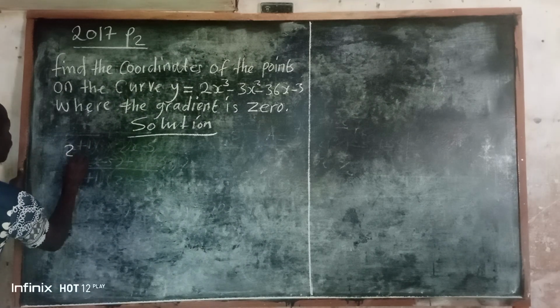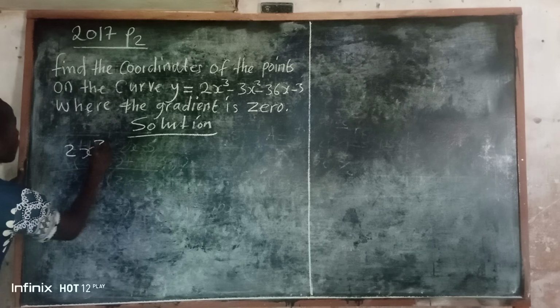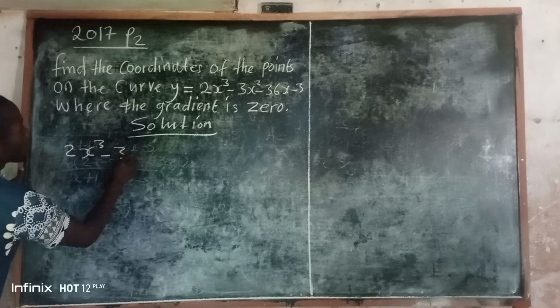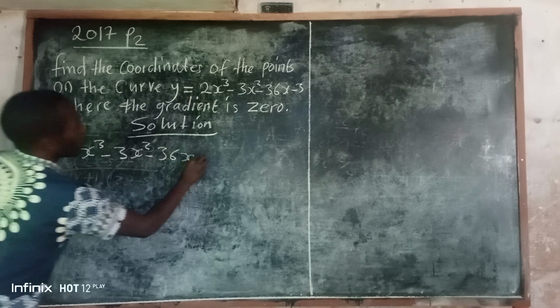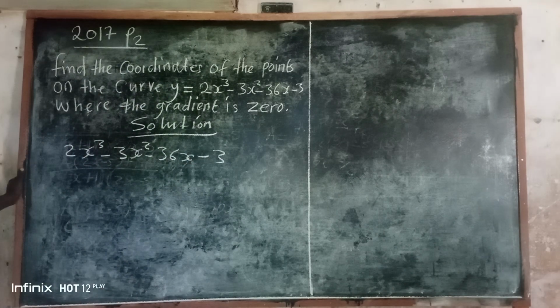So we have 2x power 3 minus 3x squared minus 36x minus 3. Okay, so what happens here is that when finding the gradient, or when differentiating, we multiply the power times the coefficient of the term.